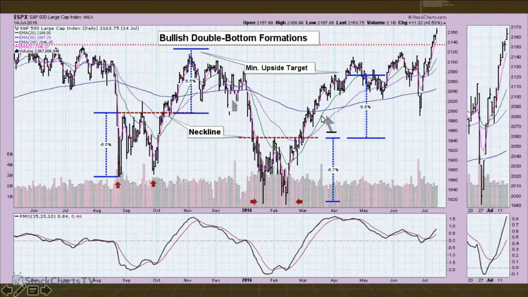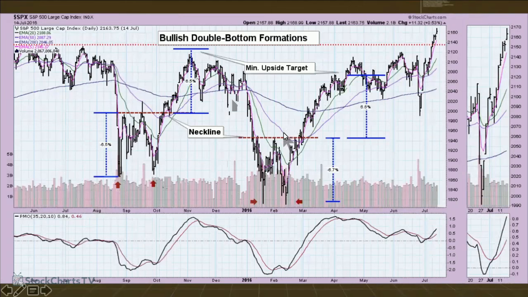If you're getting them in the middle of an uptrend, it's not really as valid, so I wouldn't look at it that way. But you can see here we had that double bottom, and then you have the middle of the W, and that becomes your confirmation line or neckline. I use that because it's what I use all the time for head and shoulders, but the confirmation is right there at the middle of the W. The expectation is an upside breakout.